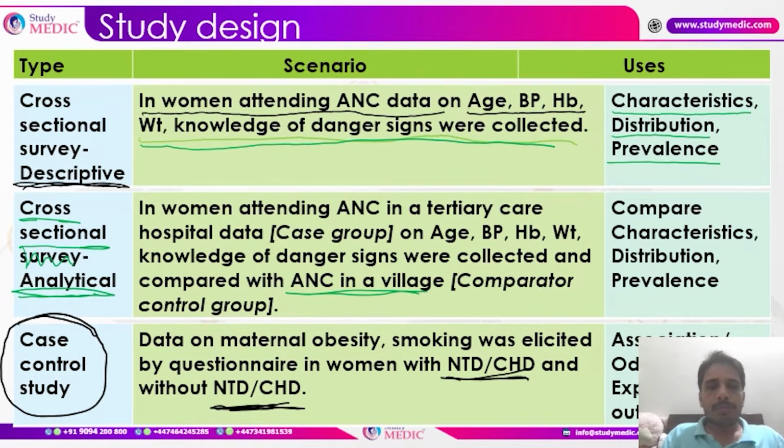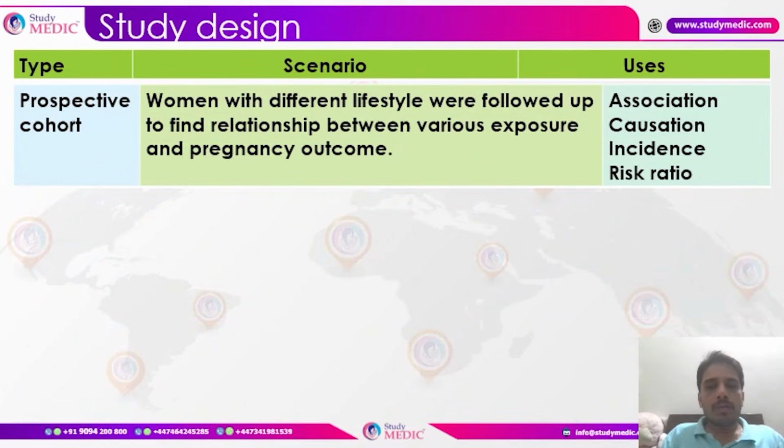Now coming to other types of descriptive analytical observational studies. Other than the case control study, there is also the prospective cohort study. Now look at this scenario. Women with different lifestyles were followed up, meaning they were chosen.